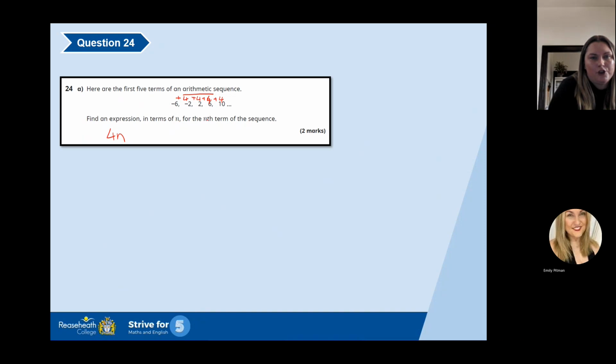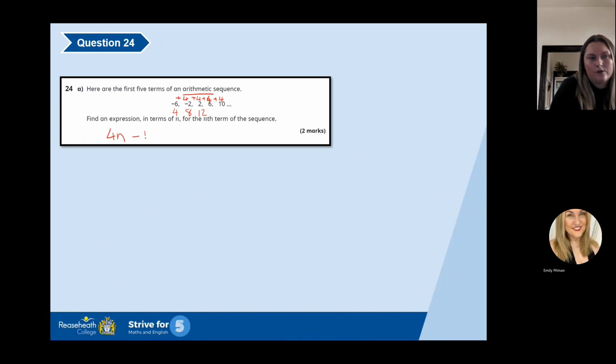Then write the nth term of the sequence. If this was just 4n, it would be 4, 8, 12, and so forth. But it's not. So I need to see the difference between the 4 and the -6, which is 10.